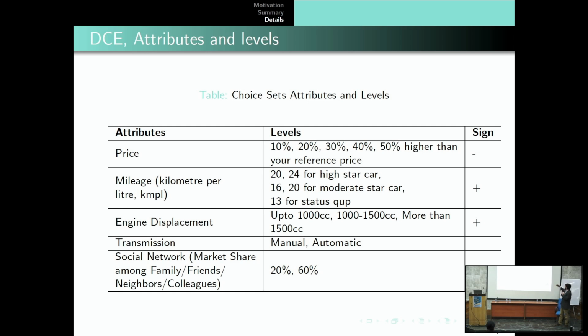Whether you think that people are going to have negative utility when the price increases, or whether you think that people are going to have a positive utility when the mileage or the efficiency of the car increases, and so on. If you have that type of table, maybe in the middle put an explanation so that you explain verbally your attribute. The people who read it are going to have all the information needed in terms of understanding what the discrete choice experiment is about.